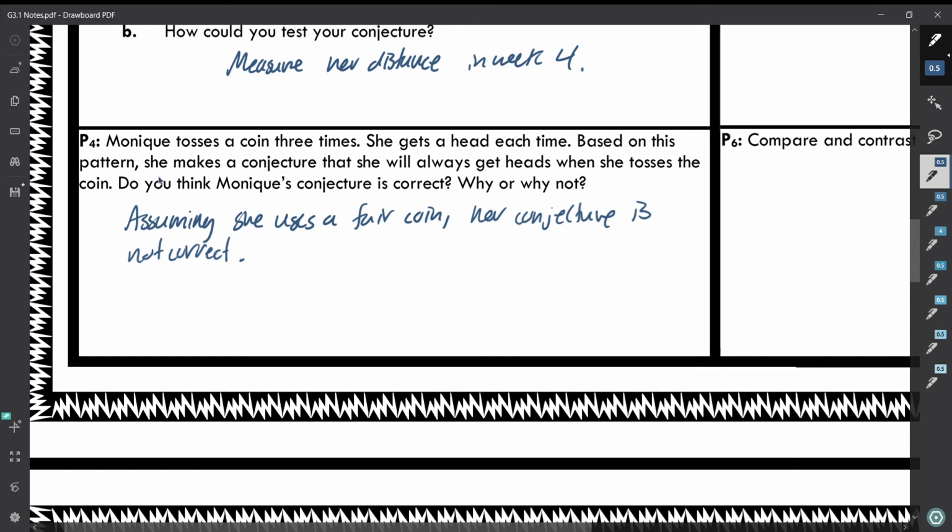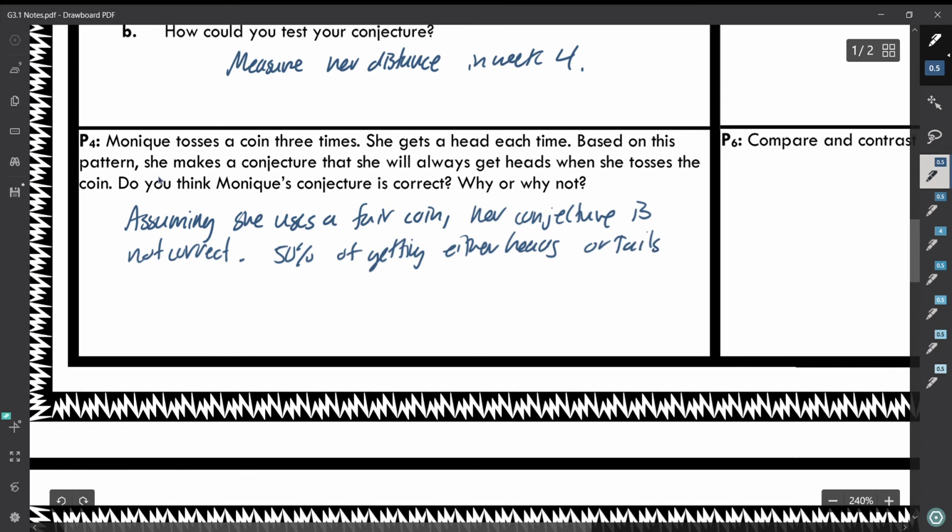Okay, we think of flipping a coin, you have a 50% chance of getting either heads or tails. And I will say 3 tries is not enough to conclude this.